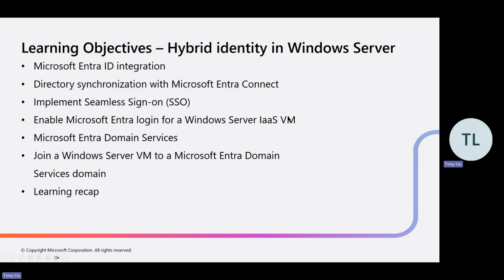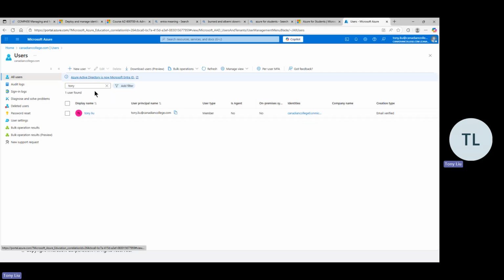If you have your on-premises Active Directory, you can connect it to this Entra ID. Then you need a tool called Entra Connect. You install Entra Connect on your own on-premises server, and your Active Directory can synchronize with this Entra ID. Whenever you create a new user, it is synchronized to the cloud, so you see the new user in Entra ID.